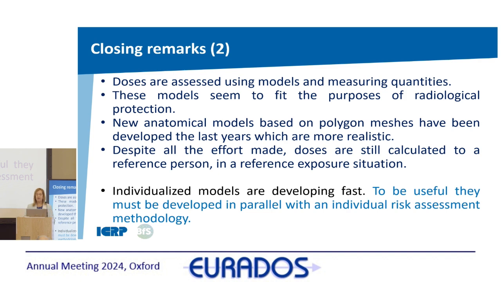Individual models are developing fast, and they're going to develop even faster with artificial intelligence. But to be useful, they must be developed in parallel with an individual risk assessment methodology. Otherwise, they don't really bring us forward.